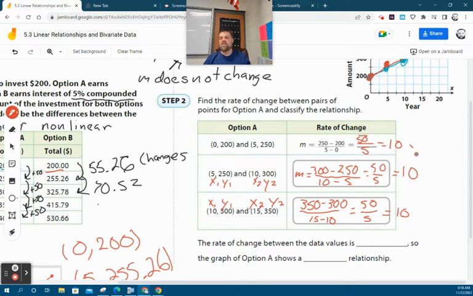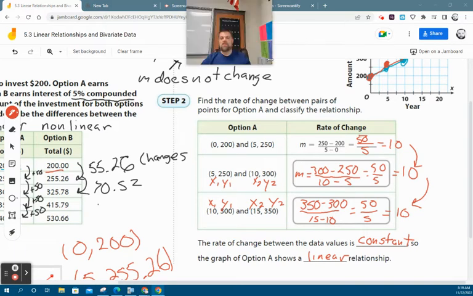So my slope does not change. Okay? So because it does not change, what do I put in here? The rate of change between the data values is constant. Good job. And the graph of A shows a linear relationship.